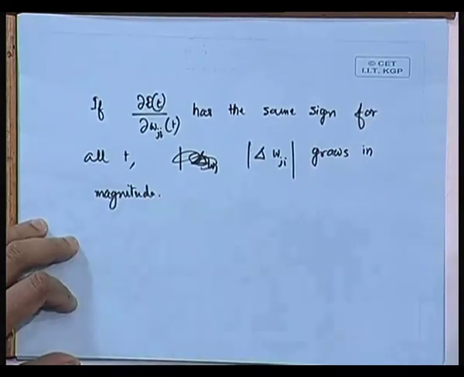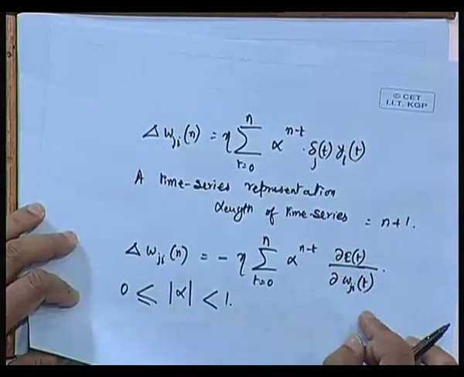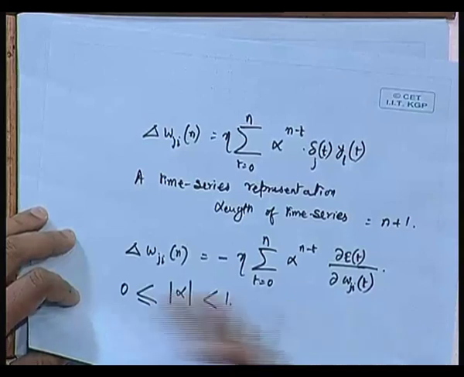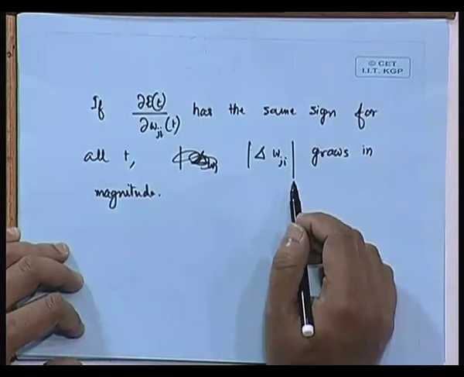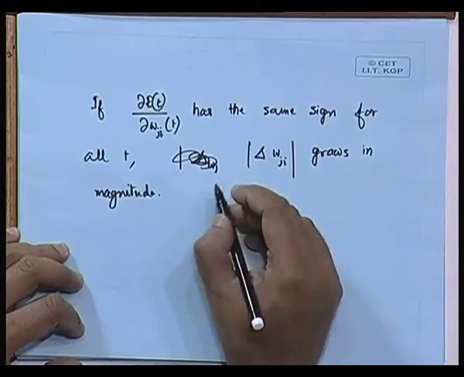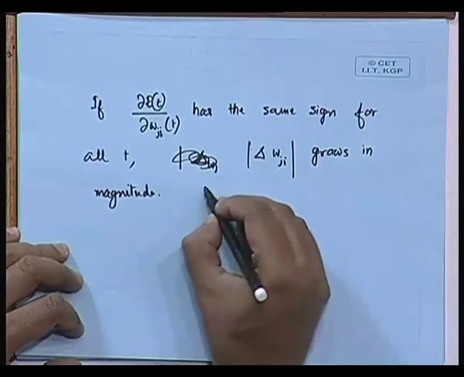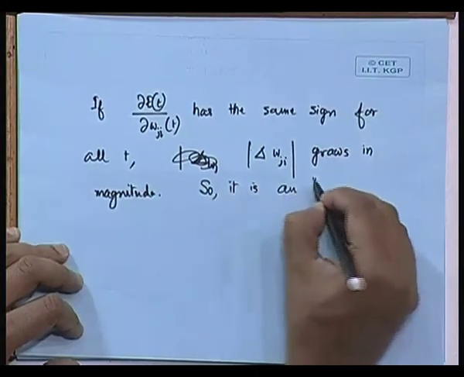Look at this expression to confirm this. Every dou E term has the same sign, so either it is increasing in the positive direction or it is increasing in the negative direction. There is a summation term that exists. So, delta Wji growing in magnitude means what? It refers to an accelerated descent. So, it is an accelerated descent.